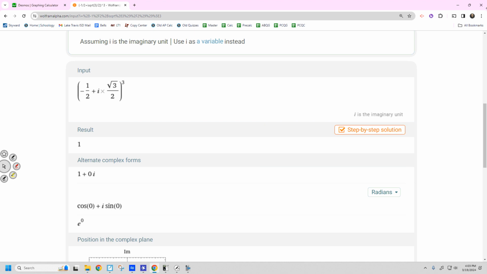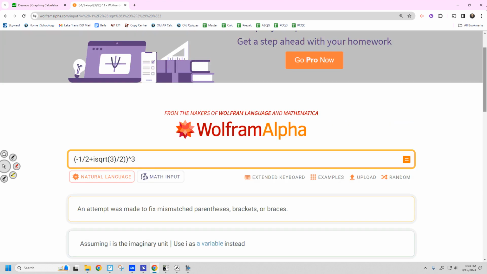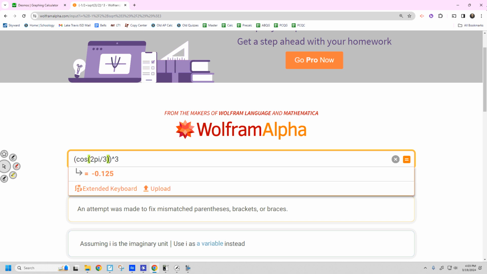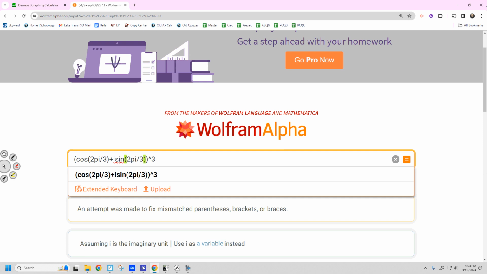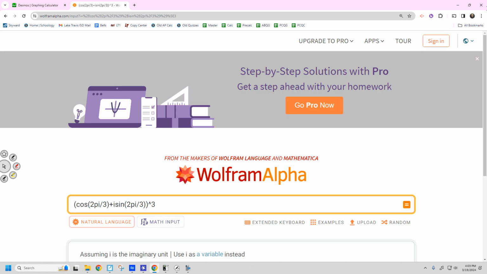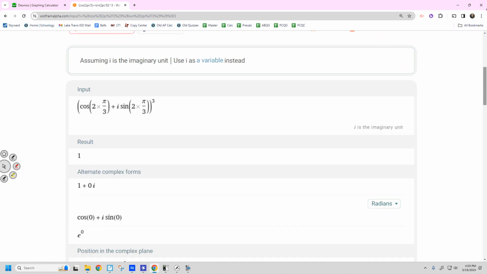Now, what we said is that instead of writing it in this form, you could say that this is the cosine of my circle split into 3 parts plus i times the sine of my circle split into 3 parts. And you're going to get the same result, which is negative a half plus root 3 over 2 i cubed, and the result is 1.